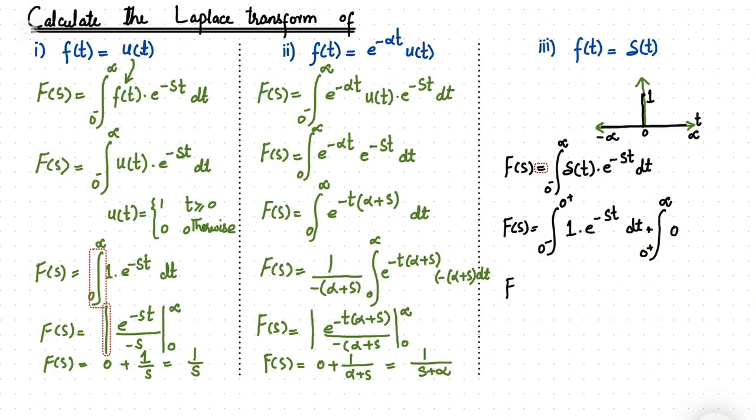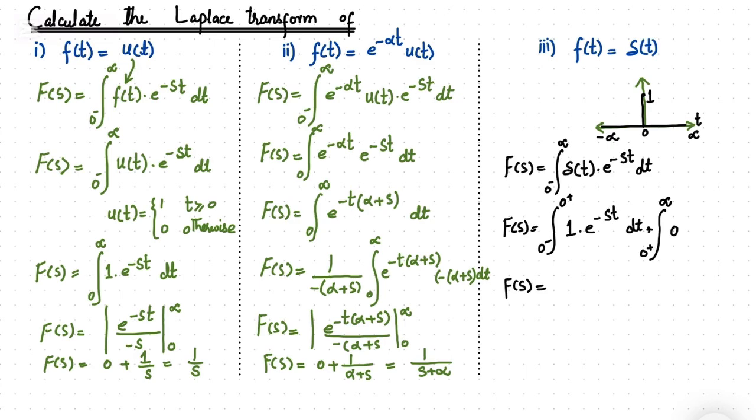So F of s would be equal to the integral with limits from 0 minus to 0 plus. 0 minus to 0 plus is effectively a single point. This is not a range. The lower limit and upper limit are the same. It means the value of t is going to be 0 over here. So when we insert t is equal to 0, it results in 1.